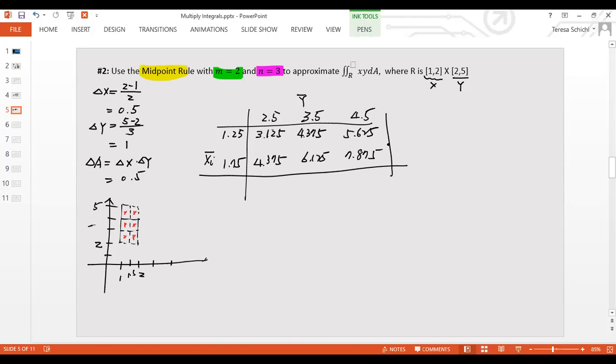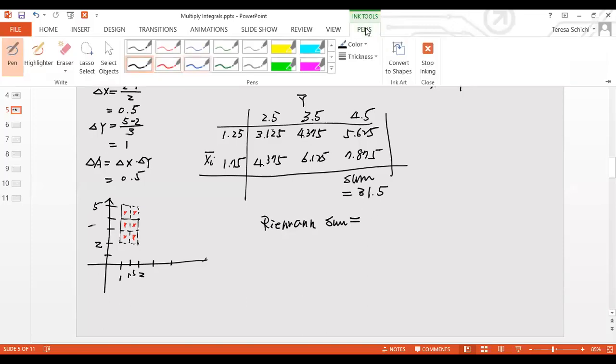So you add them together, and this will be the sum. So then if you add all these, it's 31.5. So the Riemann sum will be obtained when you add all the function values.